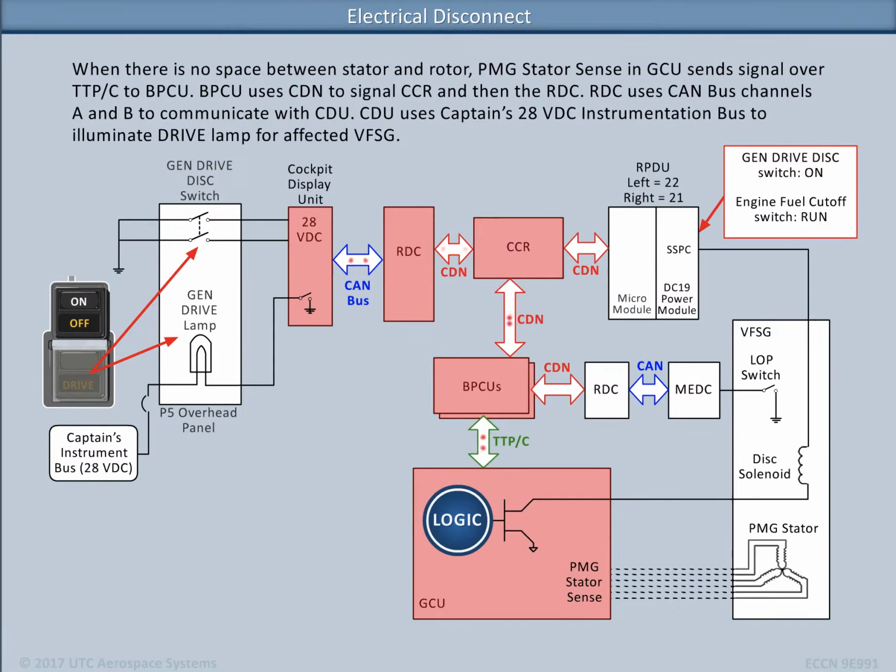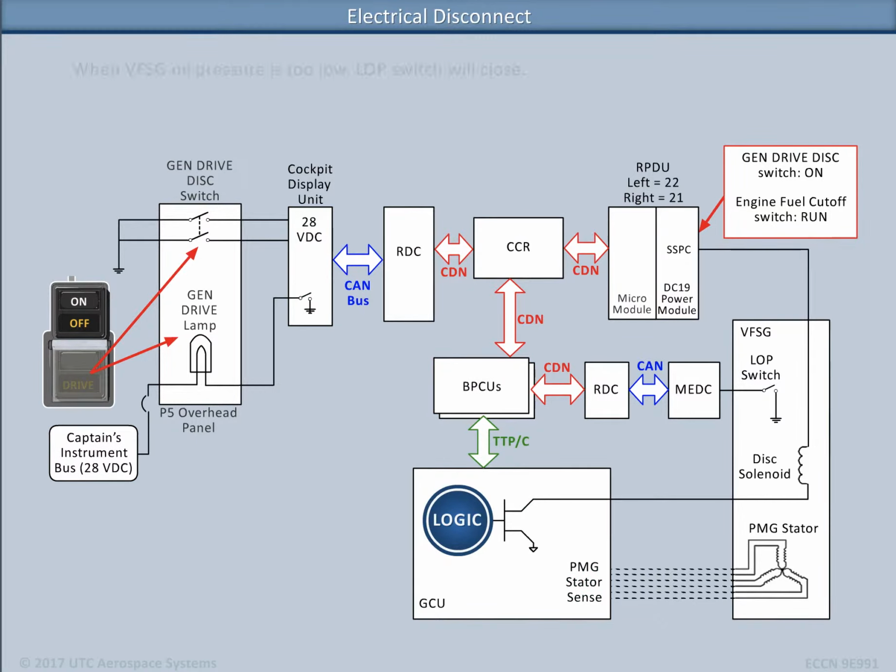The Cockpit Display Unit uses the captain's 28 volts DC instrumentation bus to illuminate the drive lamp for the affected VFSG.